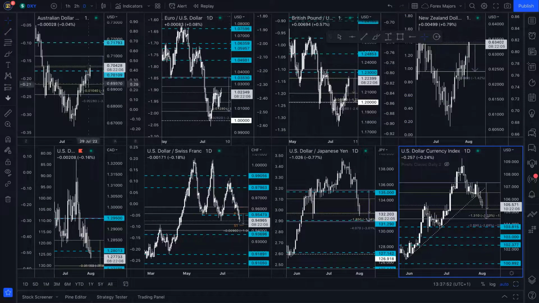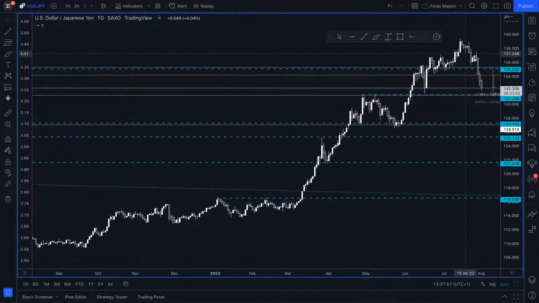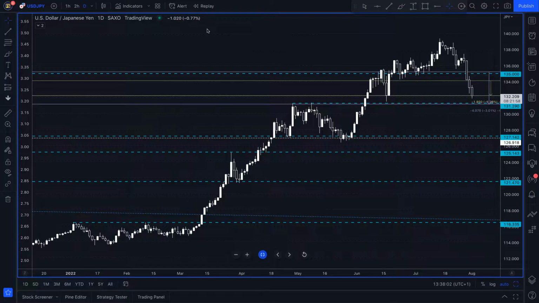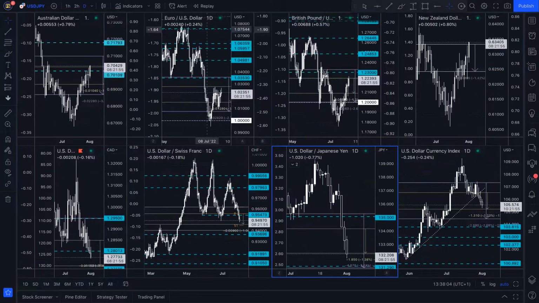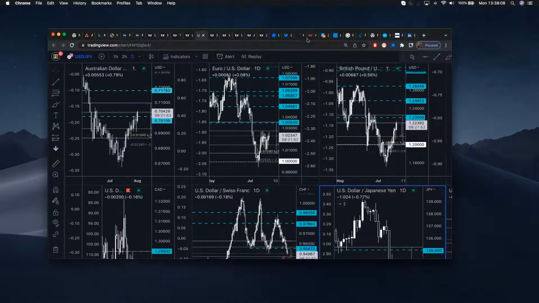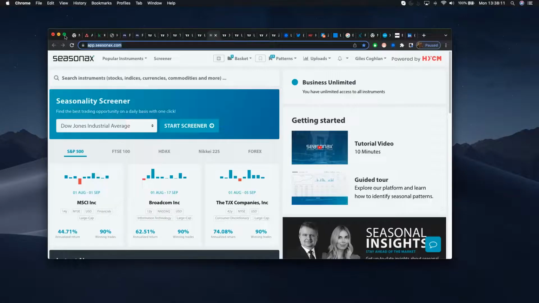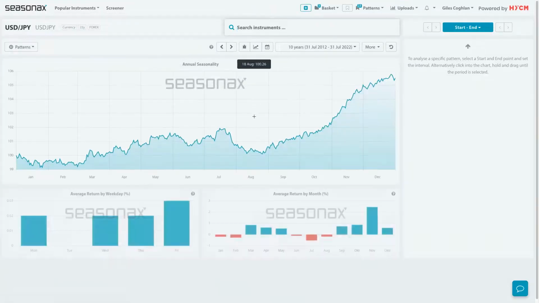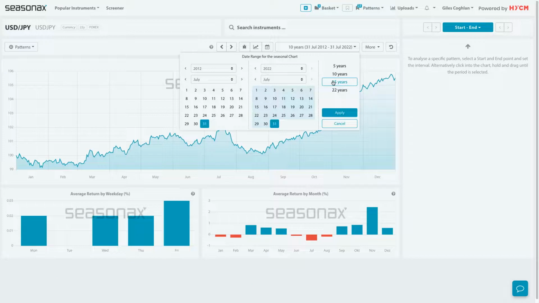Dollar yen also has a seasonal period of weakness now. We tend to see yen gains around the summer months. It's a seasonal pattern that you can notice across all the yen pairs. In fact, let me just show you that very quickly so you can see that. If you look at the yen pairs, you'll see the yen tends to strengthen, which is dollar yen weakness, around this time.